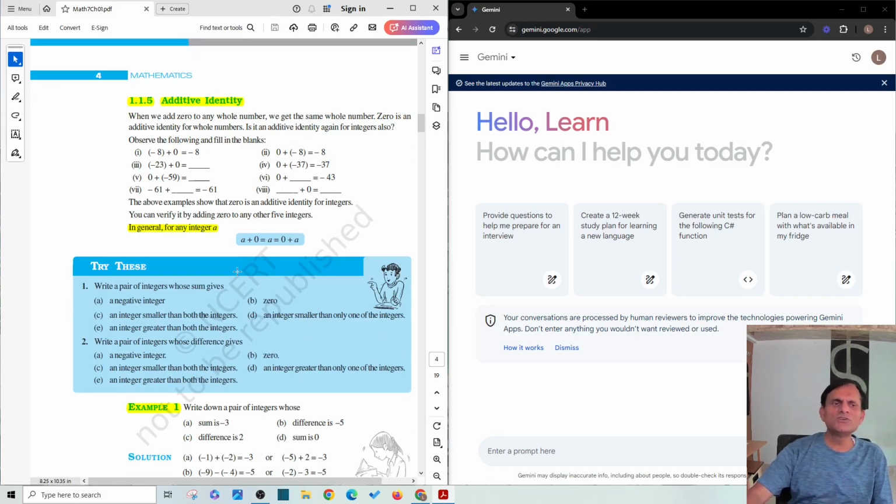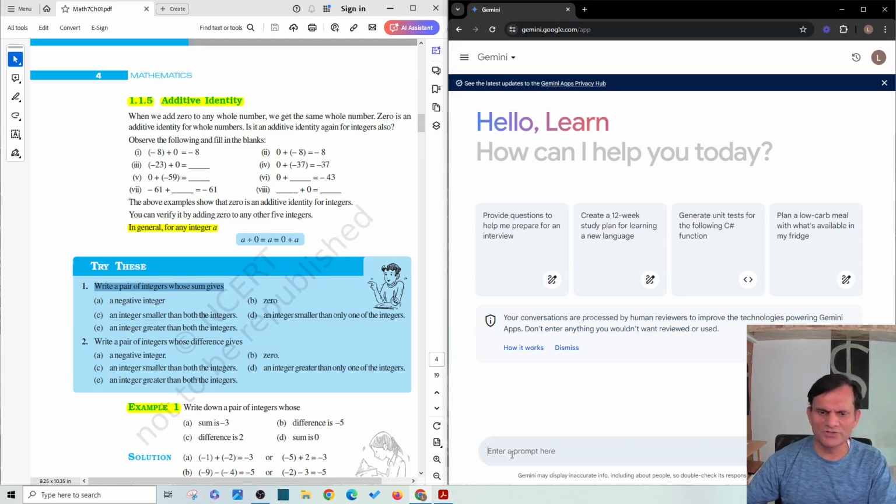Now let us see how you can use artificial intelligence like Google Gemini to solve our problem. So what is the question here? Write a pair of integers whose sum gives a negative integer.